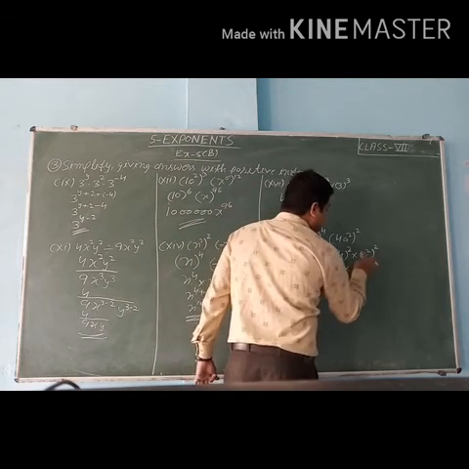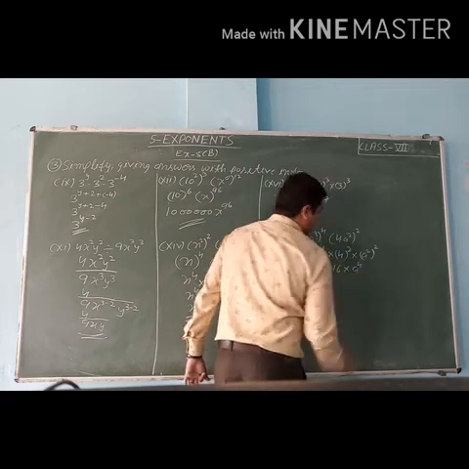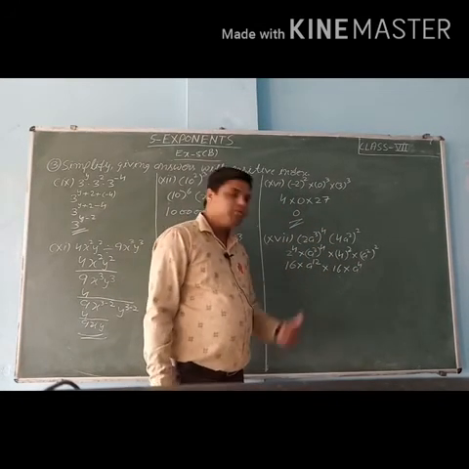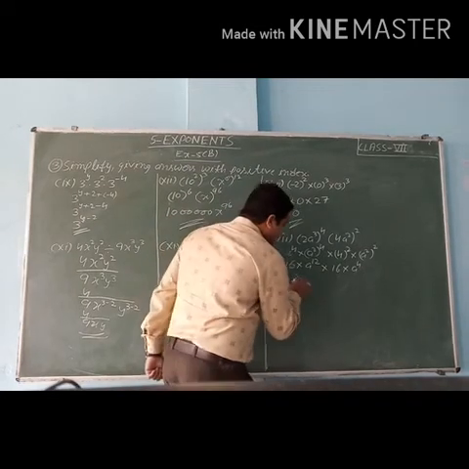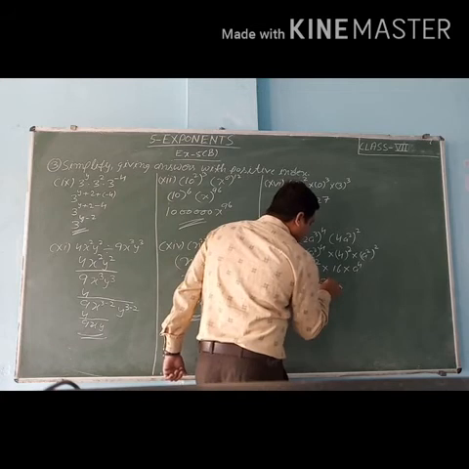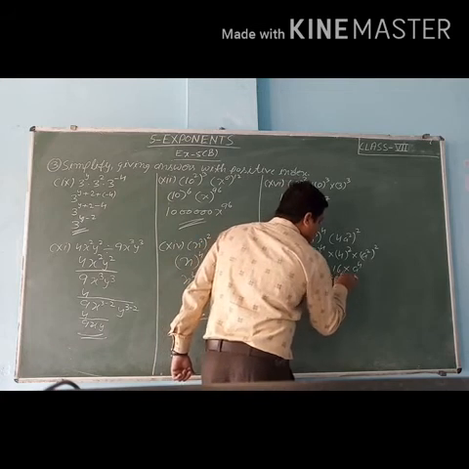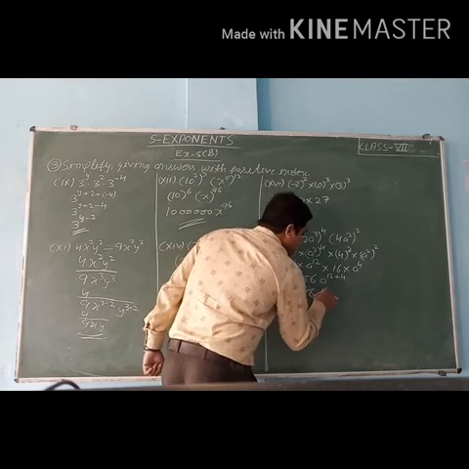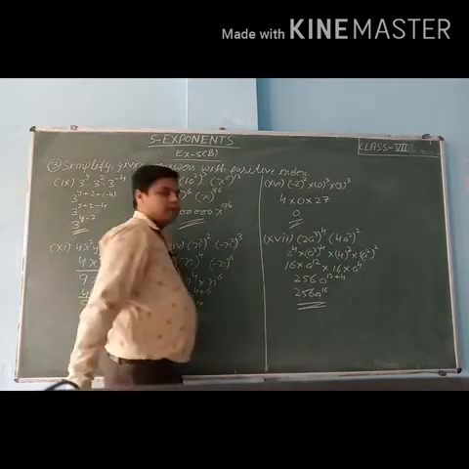Multiply a raised to power 2 times 2, which is 4. Now students, we will multiply the numbers. 16 into 16 is 256. Then for the power of a, 12 plus 4. So 256 a raised to the power 16 is the answer.